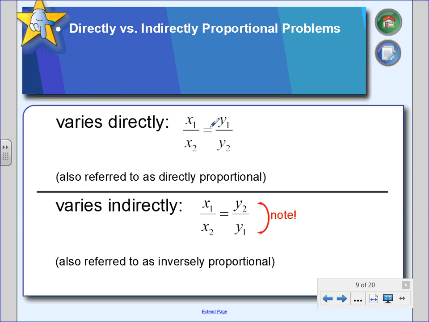So kind of keeping the units in the same place and keeping the first with the first, second with the second.